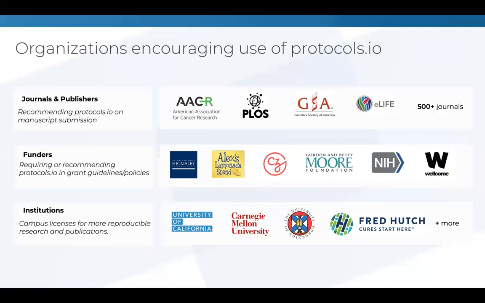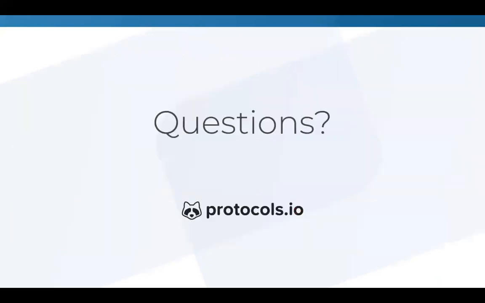And there's a lot of funders who are encouraging their grantees to use protocols.io. And also more and more institutions are getting campus-wide licenses and encourage their researchers to use protocols.io for more reproducible science. And this is the end of my first part.